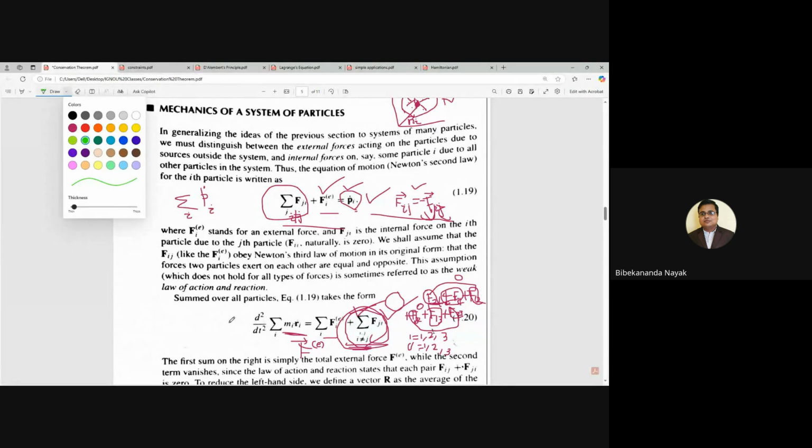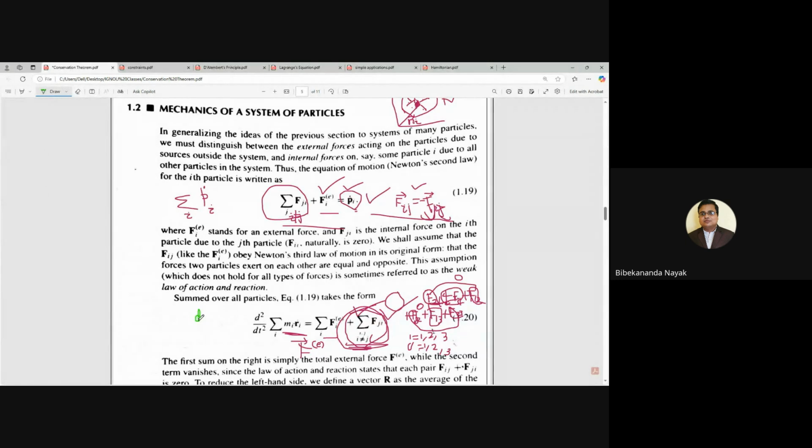Actually, it is dp by dt, where p is mv, and v is dr by dt. So I can write this as d by dt of mv, but v is equal to dr by dt, so I write m_i d square r_i by dt square.